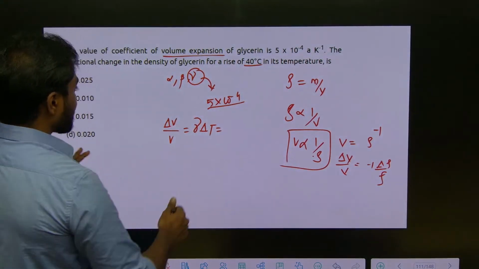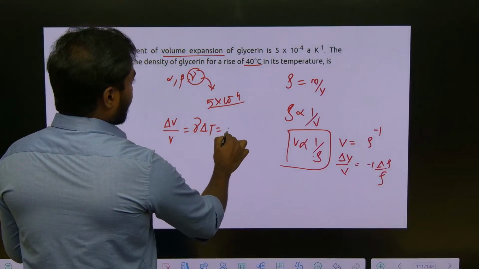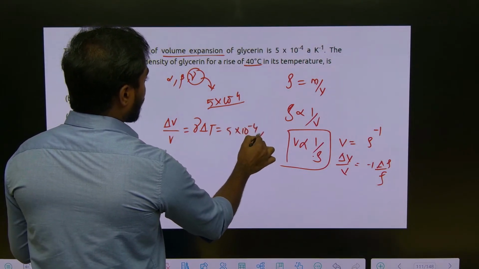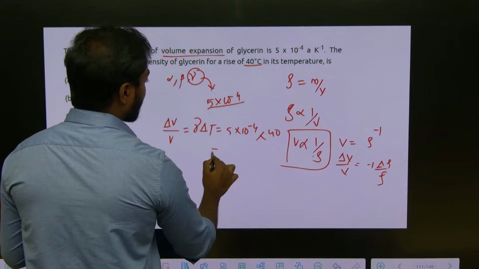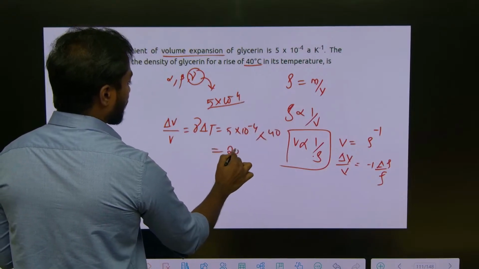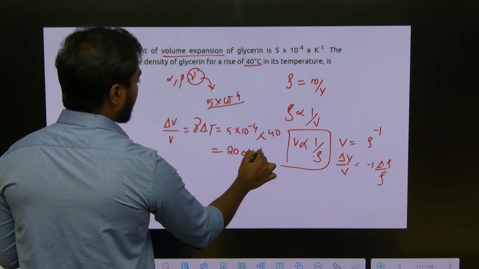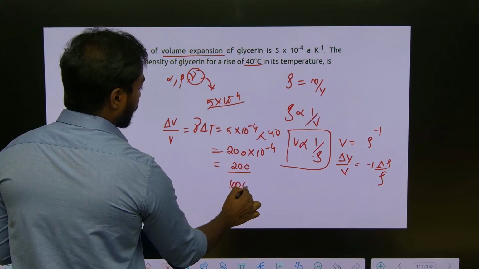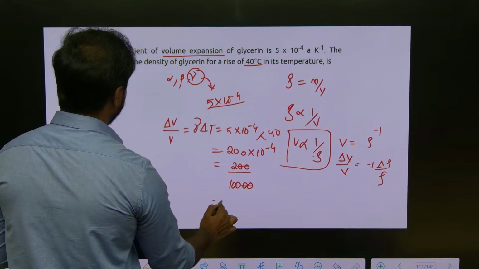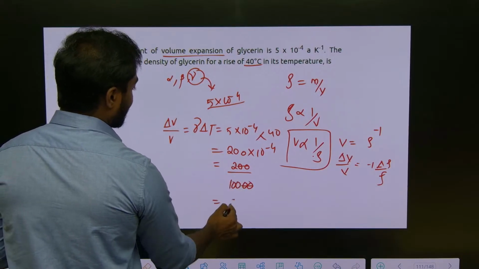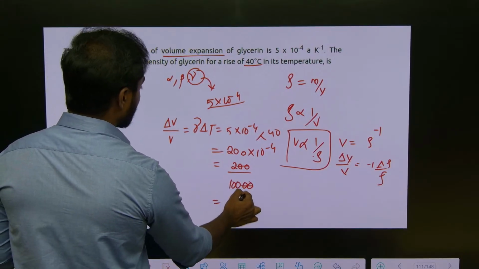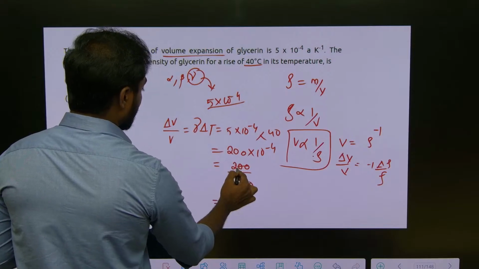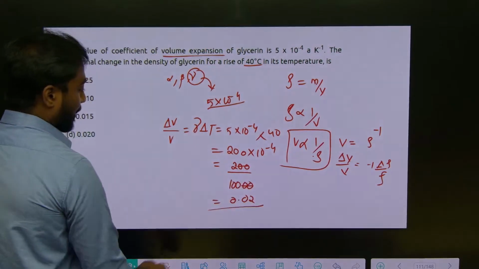And if we see here, 5 into 10 power minus 4 into 40. So 5 into 4 is 20, and this 0 into 10 power minus 4. So 200 divided by 2 zeros and 2 zeros, they get cancelled off, and the remaining is 0.02. That's it. Right now, 0.02.